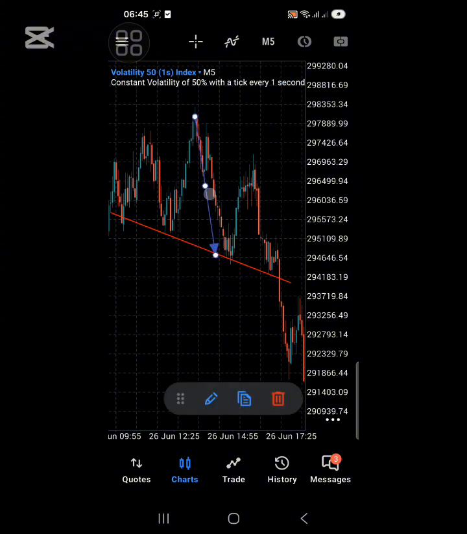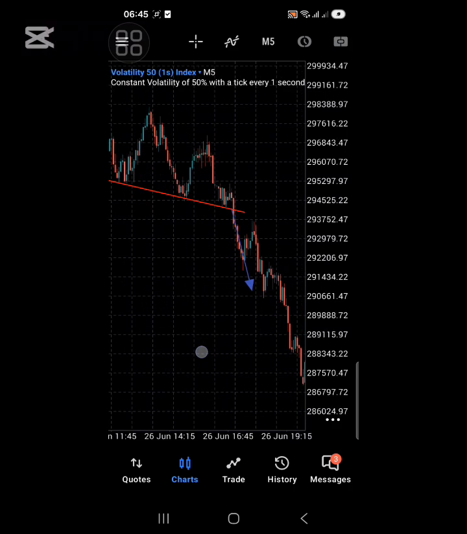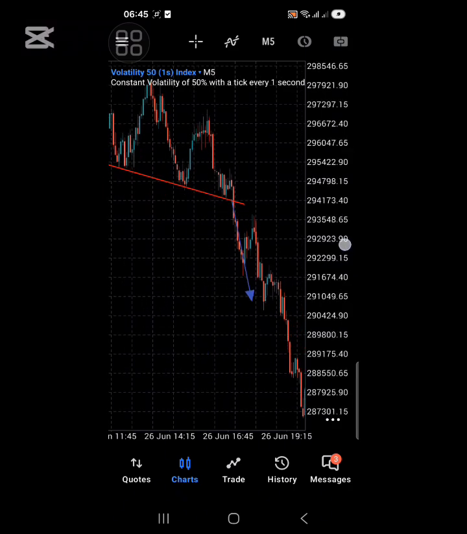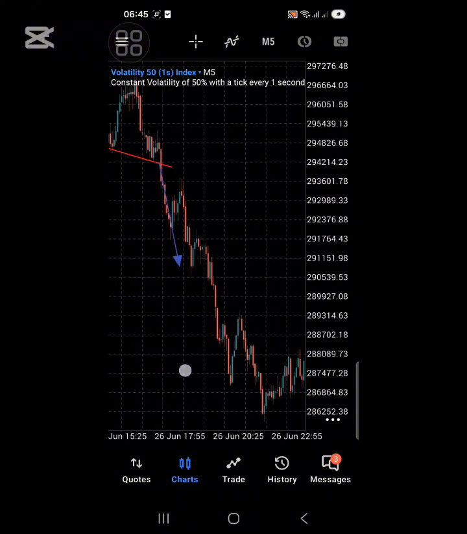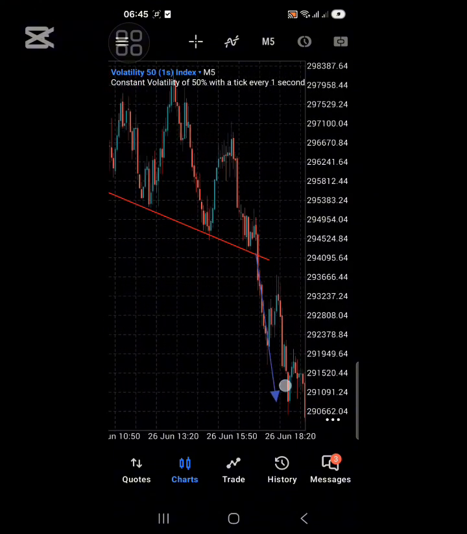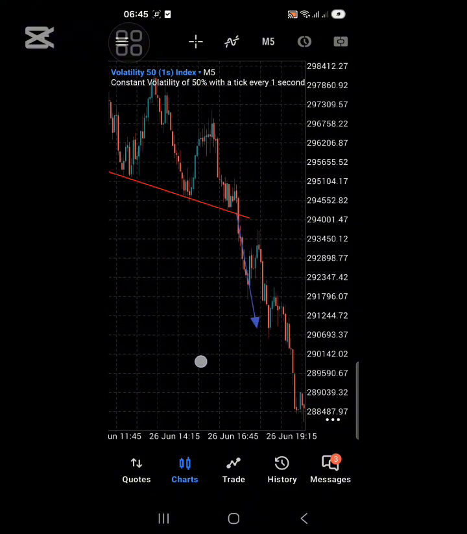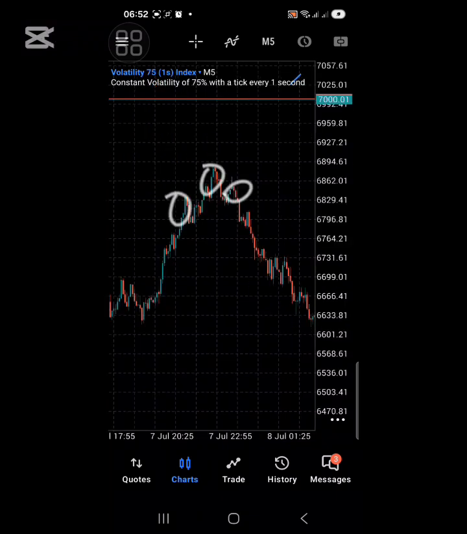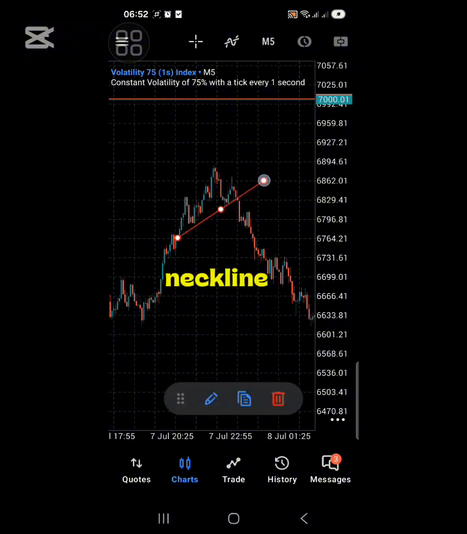And the distance from the head to the neckline, that same distance became my take profit zone. The market respected that, broke the neckline, and went short for the longest time.